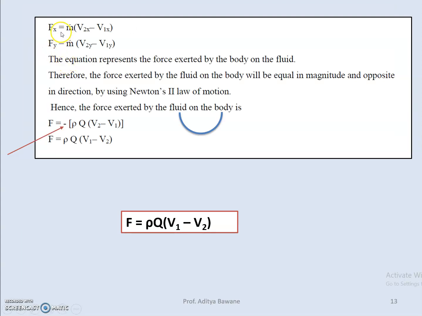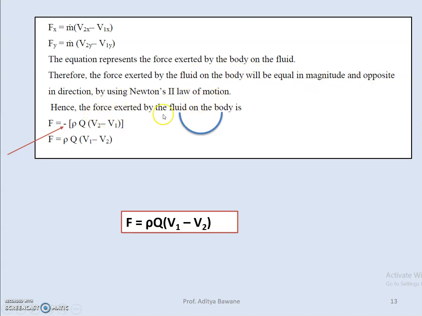Now finally, Fx in terms of x and y: Fx equals m dot (v2 minus v1)x and Fy equals m dot (v2 minus v1)y. So this force represents the force exerted by the body on fluid. Therefore the force exerted by the fluid on the body will be equal in magnitude and opposite in direction, by Newton's second law of motion.